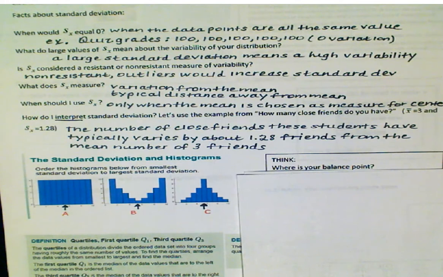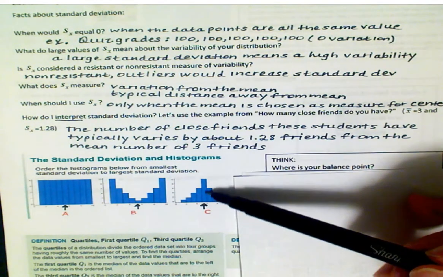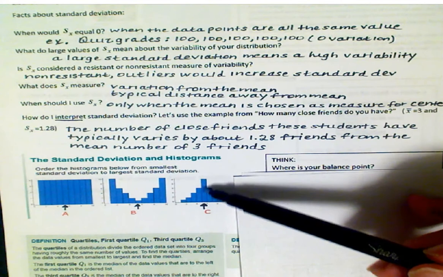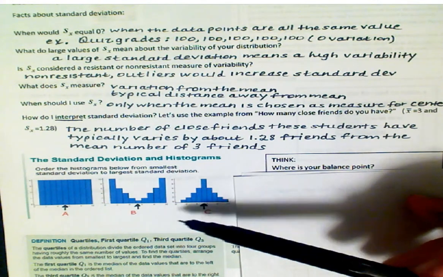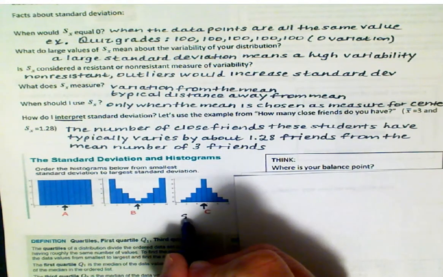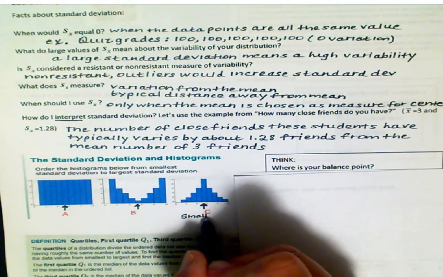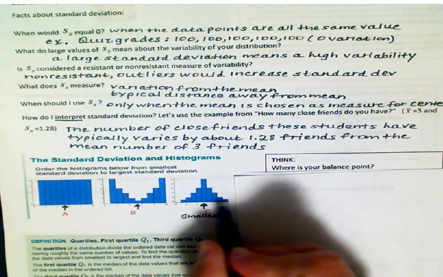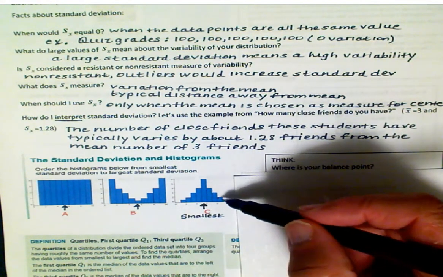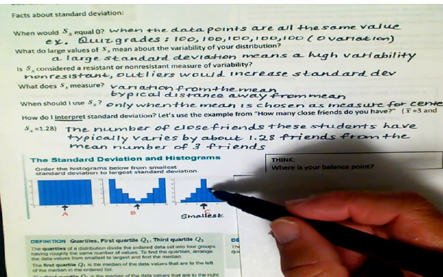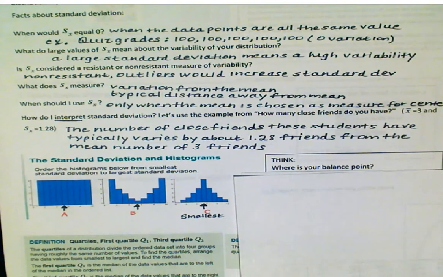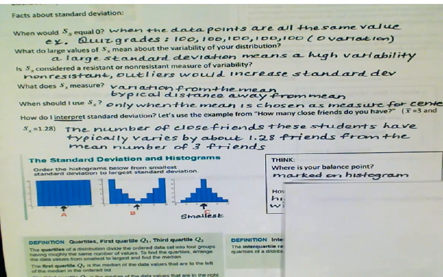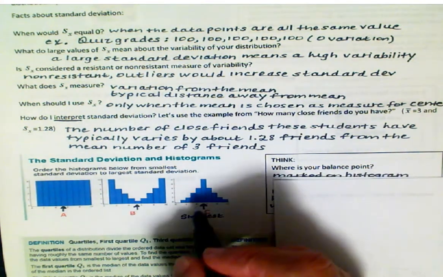Okay, to me, if you look at this one right here, there's the balancing point. And this one is actually going to have the smallest standard deviation. And the reason is, obviously there's variation, but the further you get from the middle or the balance point, the smaller the amount is in each bar as it goes away.